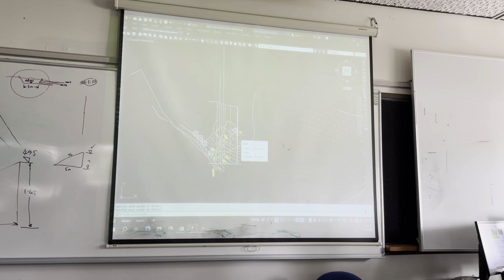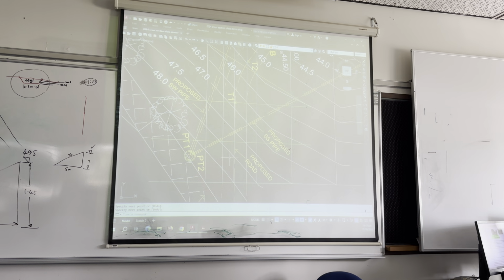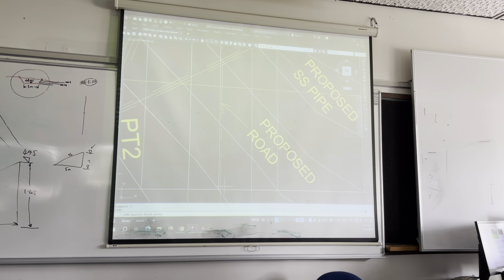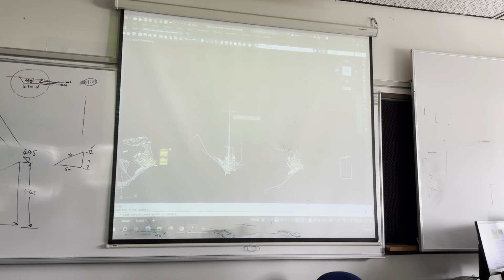So that came at 48.5. So I'll take a line up from the centre line there at 48.5. There it is there. 48.05. Oh, thank you, well corrected.